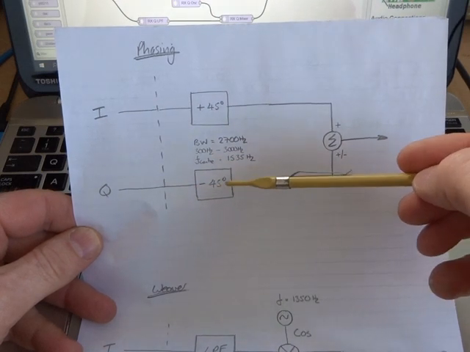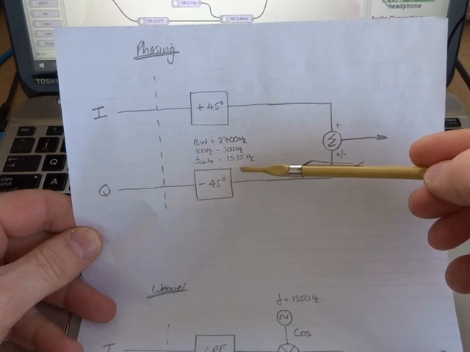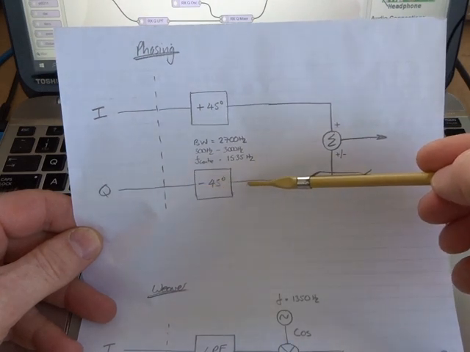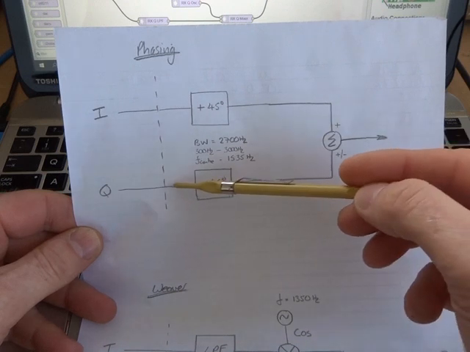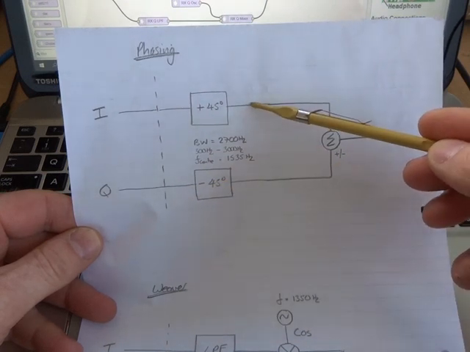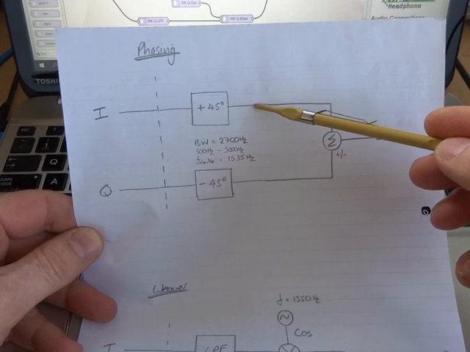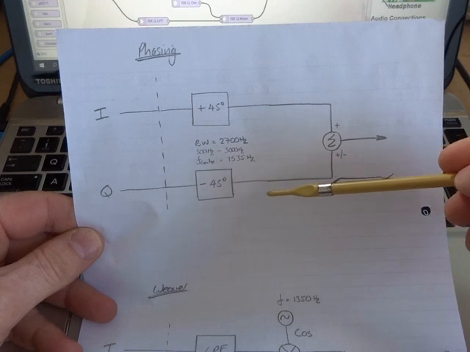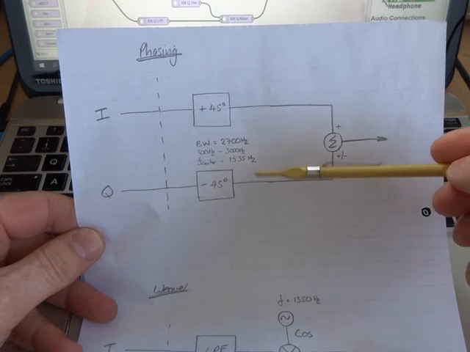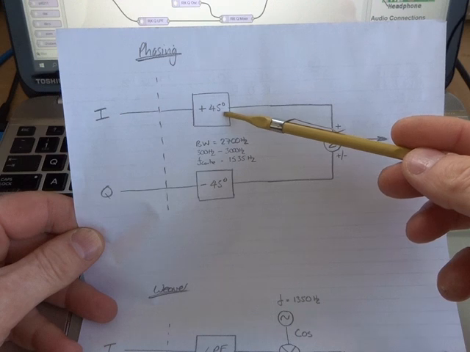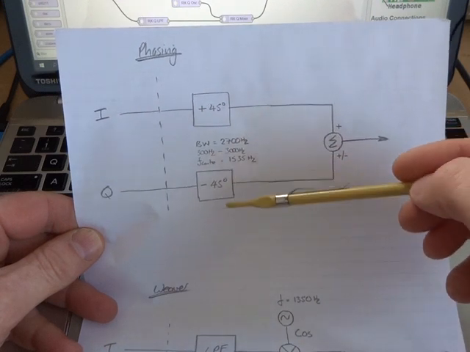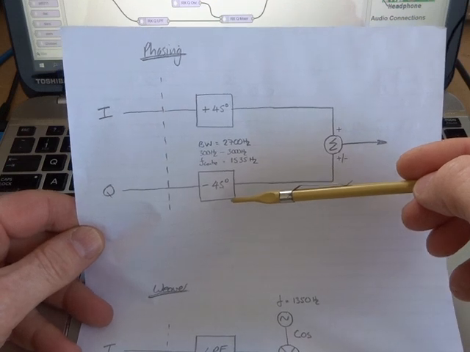In some of the texts you'll see that being done in one line only, doing a full 90 degrees. The problem with that is you get a delay in one line which doesn't match the other half. So a lot of texts talk about splitting that overall 90 degrees phase shift by doing plus 45 degrees on one line and minus 45 degrees on the other, in other words, a total of 90 degrees phase difference.